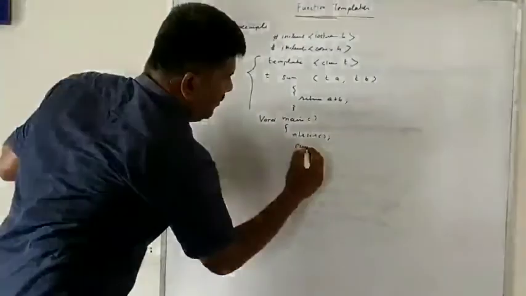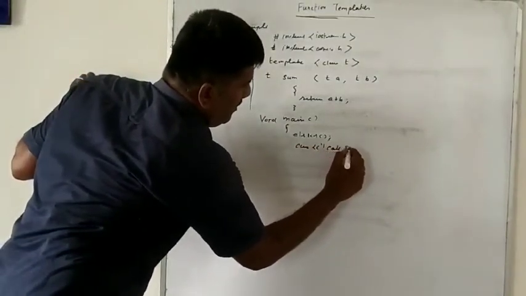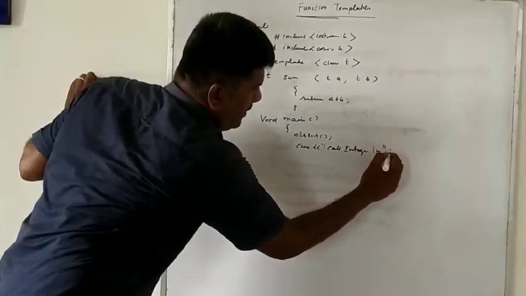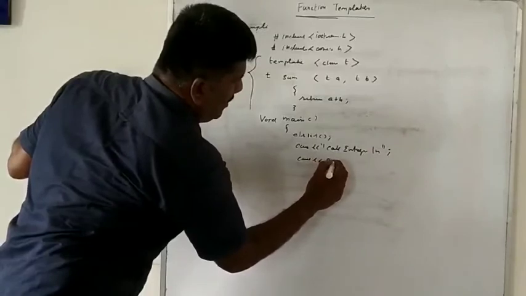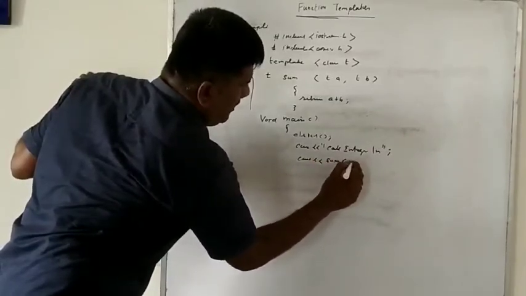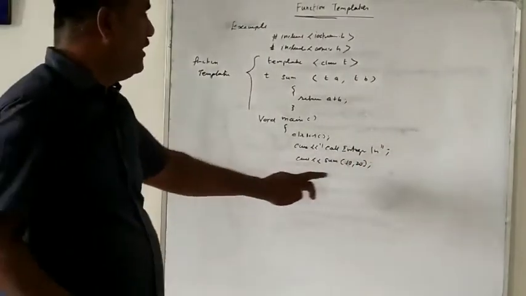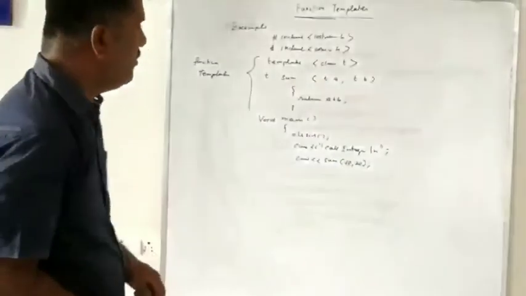So cout, call integer, that is cout sum of 10, 20. 10 is one of the integer values, 20 is one of the integer values.